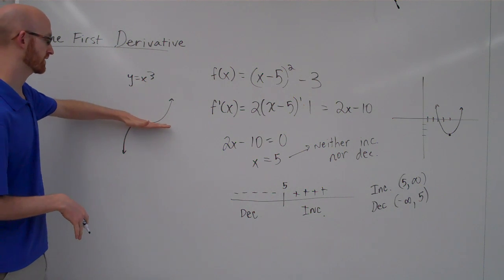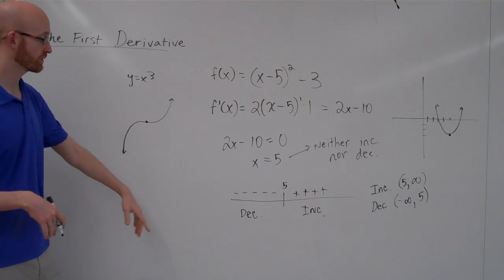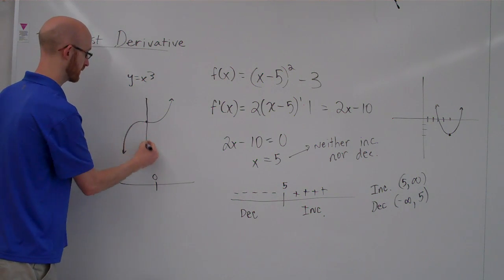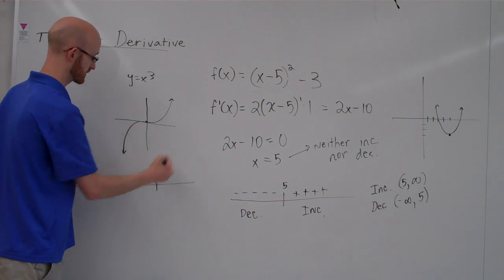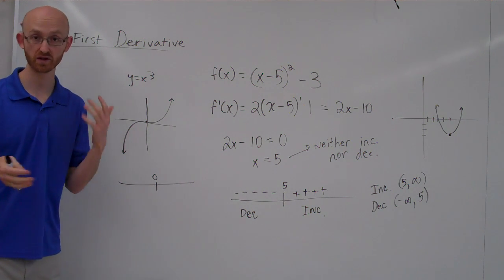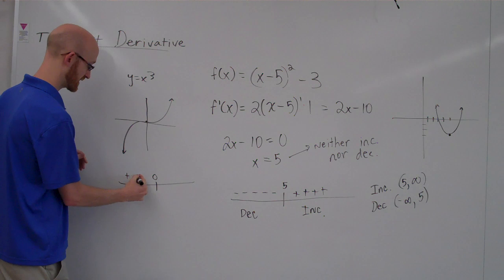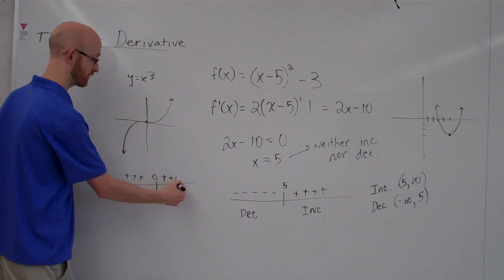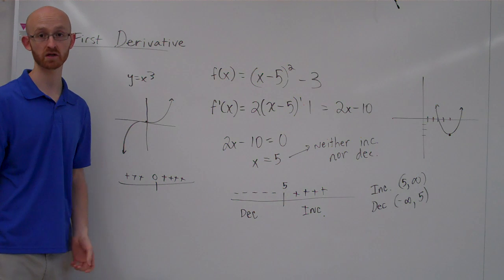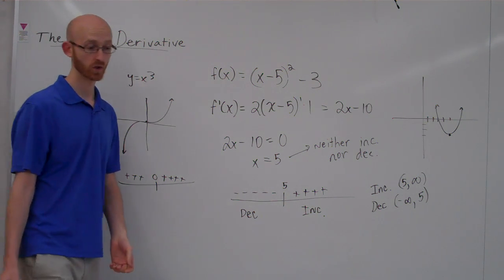And then afterwards, it's increasing again. If I impose my coordinate plane, we would have found 0 to be a critical point that we need to worry about. Then we would have tested anything into the derivative and found it's increasing on both sides, which means 0 is neither a minimum nor a maximum.